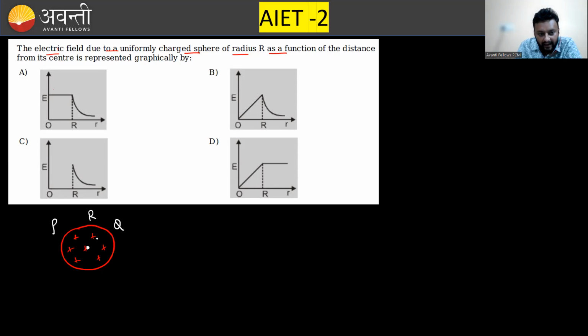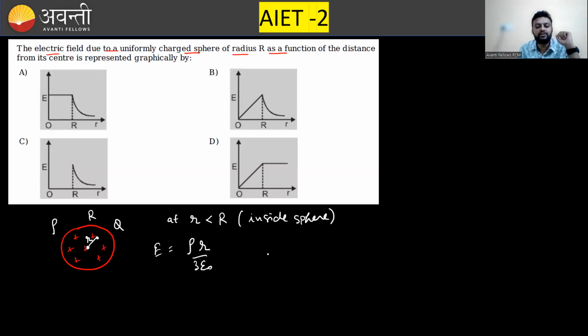So if I see any point which is inside, at a distance r, first case: I will say at any point r, whose distance is less than the radius. That means this is an inside-sphere point. And I hope while studying the applications of Gauss theorem, you have studied the derivation for that. So this field, you can write that E is equal to rho r divided by 3 epsilon naught.